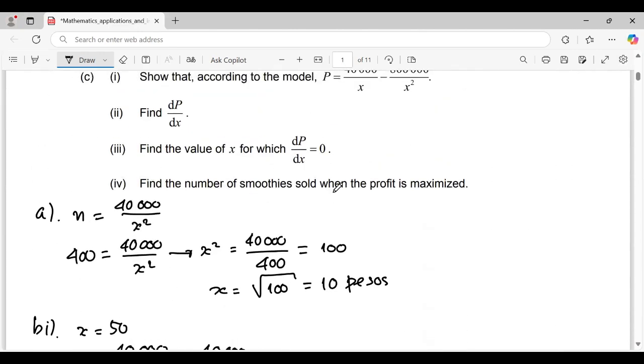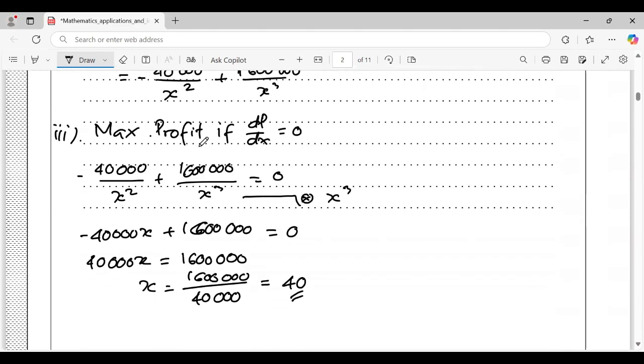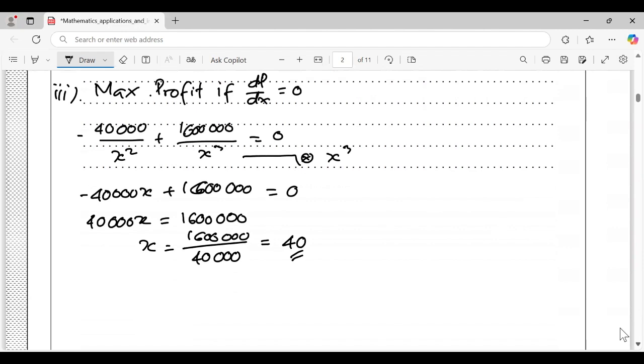Find the number of smoothies sold when the profit is maximized. If the profit is maximized, dP/dx equals 0, so x equals 40.